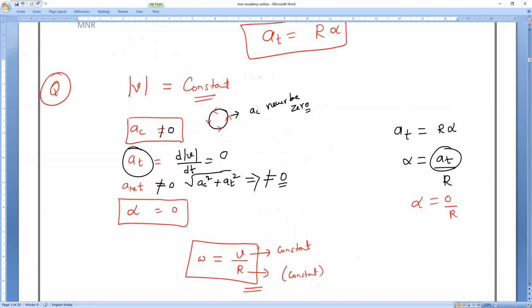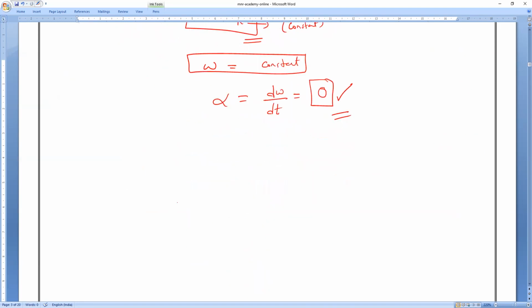Next, let me take one more question. All of you observe very carefully. For example, if mod of v is equal to constant in a circular motion, then angular acceleration is equal to 0.